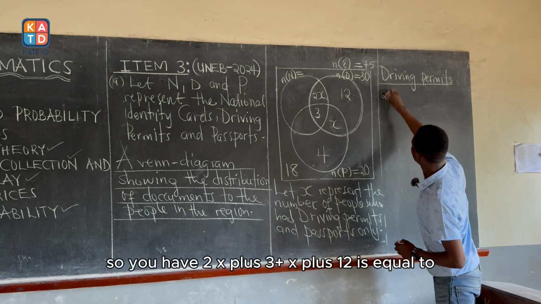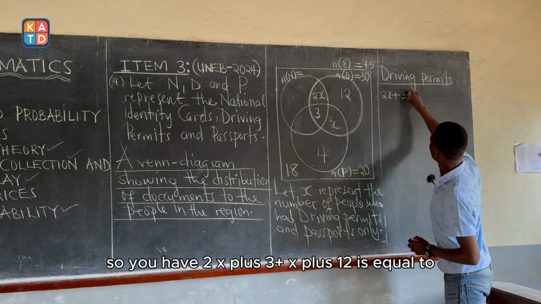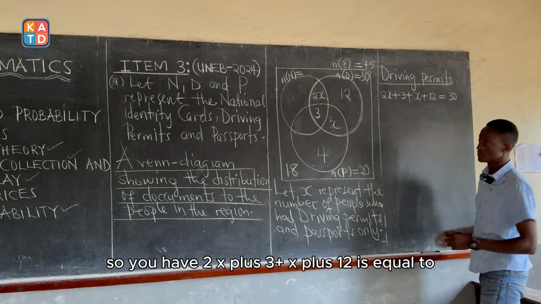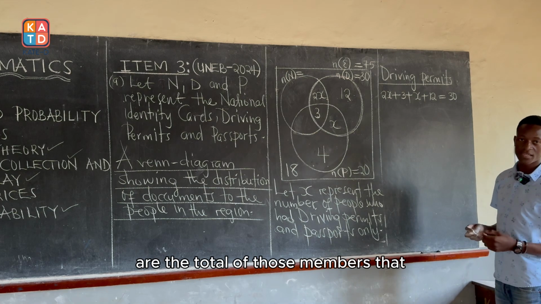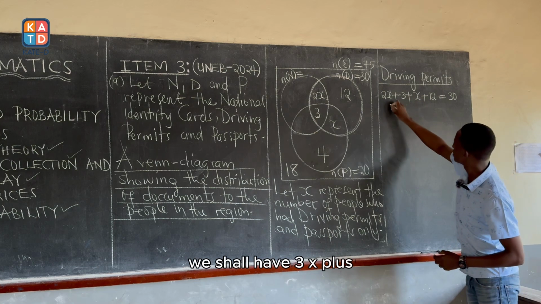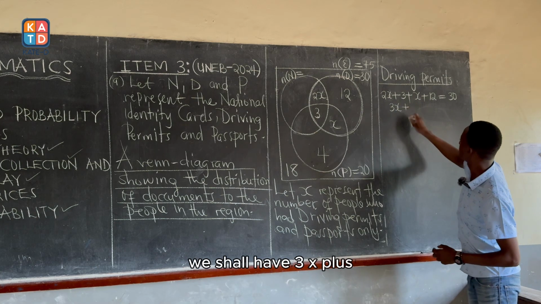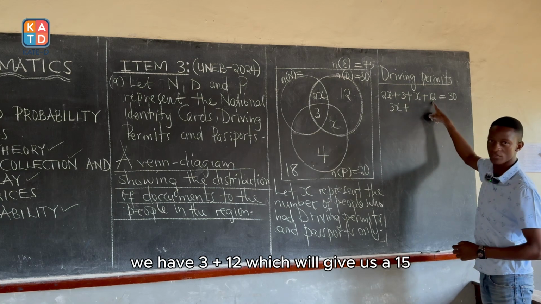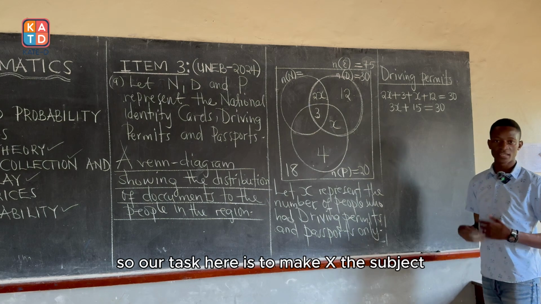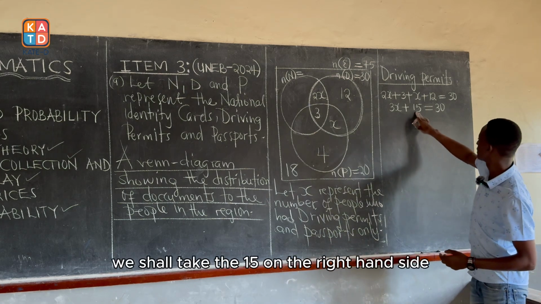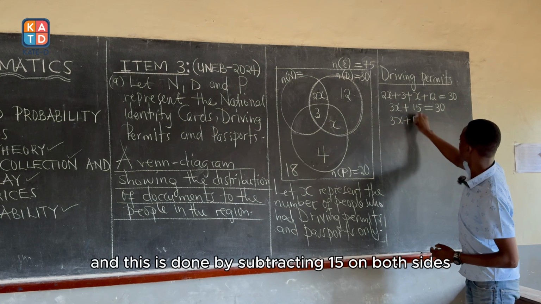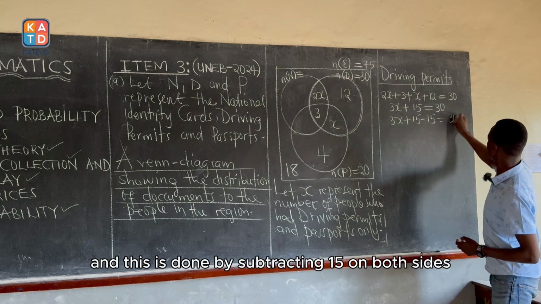So we have 2x plus 3 plus x plus 12 is equal to the total of those members that had driving permits. Once we add 2x to x, we shall have 3x plus 3 plus 12, which will give us 15. So our task here is to make x the subject, and therefore we shall take the 15 to the right-hand side, and this is done by subtracting 15 on both sides.